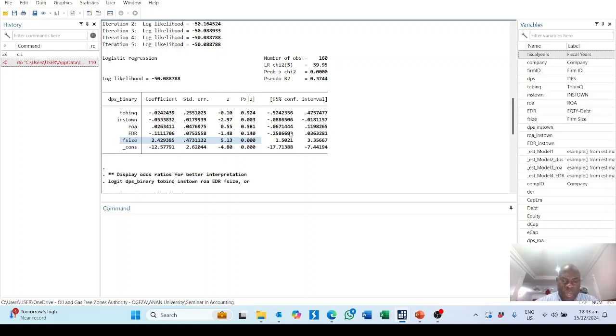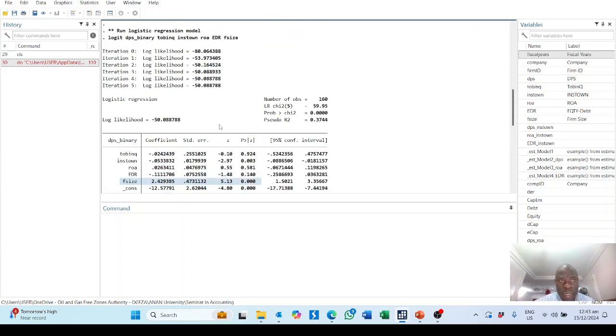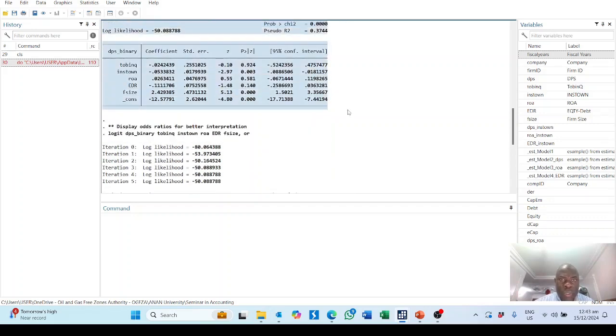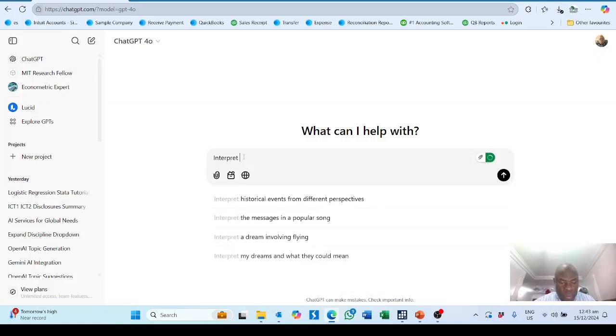You can take the result further if you are very much familiar with the ChatGPT environment. You can actually ask Chat to interpret this result for you. I copy this and I go into ChatGPT to interpret these results.